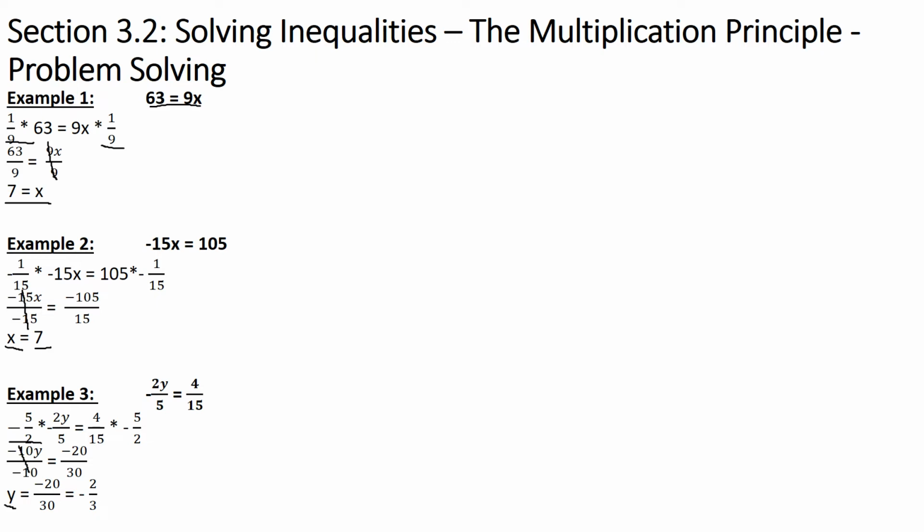The two negatives become positive, 10 over 10 is 1. Now I did the negative 5/2 on the left, now I've got to do it on the right. 4/15 times negative 5/2 equals negative 20 over 30. 4 times 5 is 20, 15 times 2 is 30. So it's negative 20 over 30, which can be simplified to negative 2 over 3.